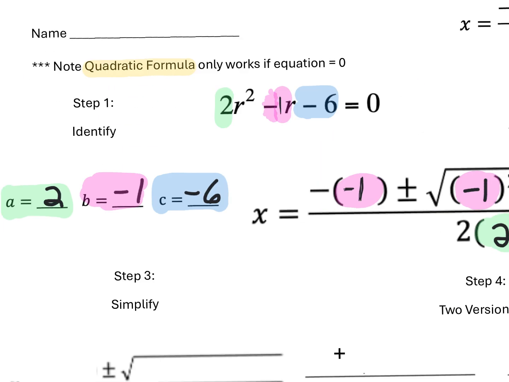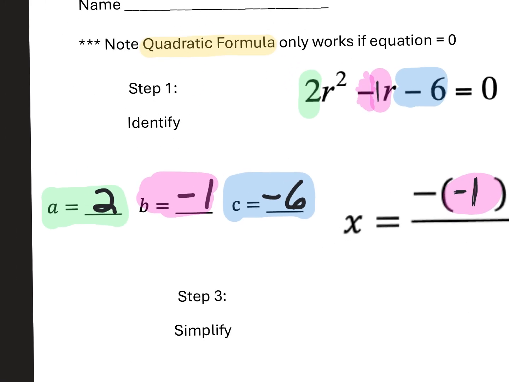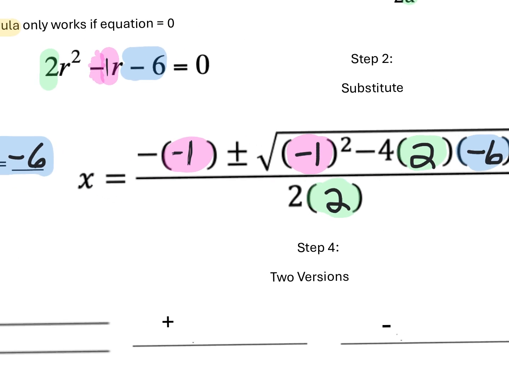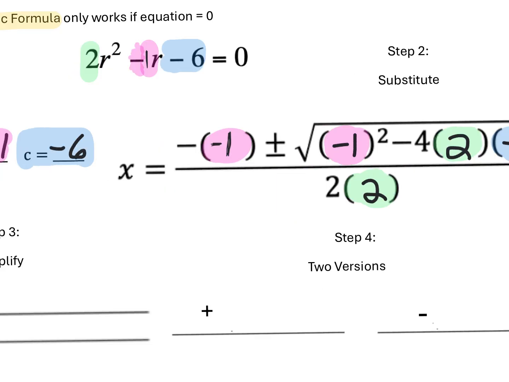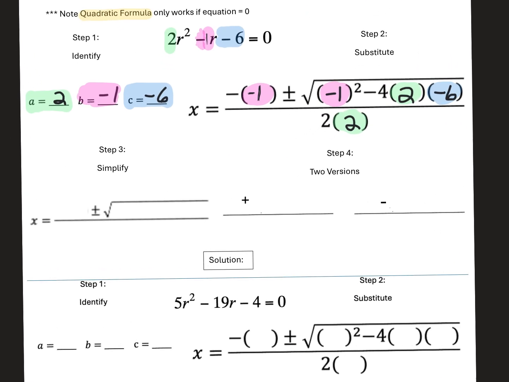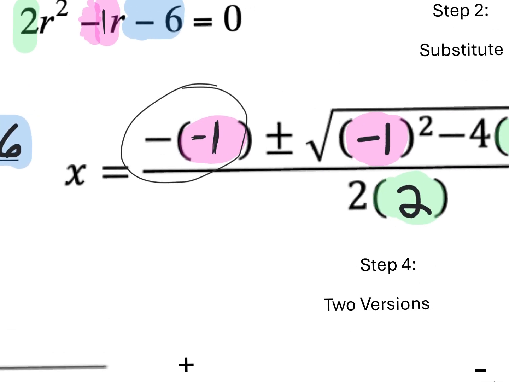So far I've done step 1 where I identified what is A, B, and C. Then I substituted all of the numbers into the formula. And now the calculator is really going to do a lot of that work for me. So I'm going to turn my attention first right here. And remember what happens when you have 2 minuses? So I can see here I have a minus and a minus.